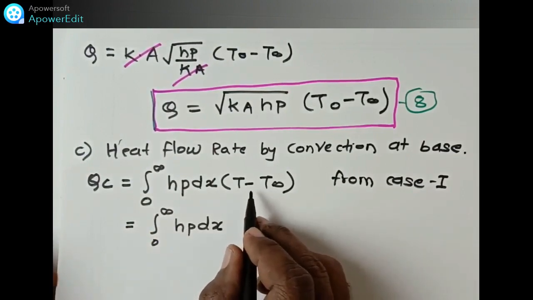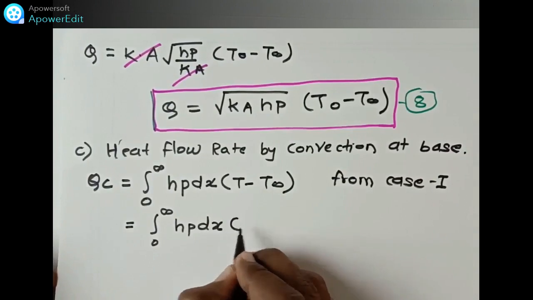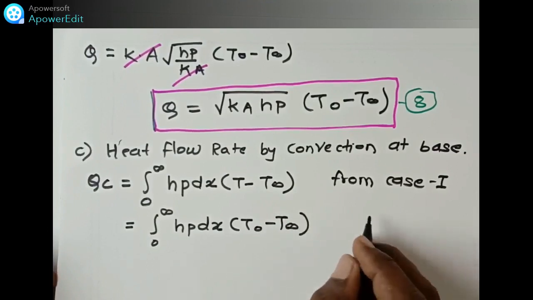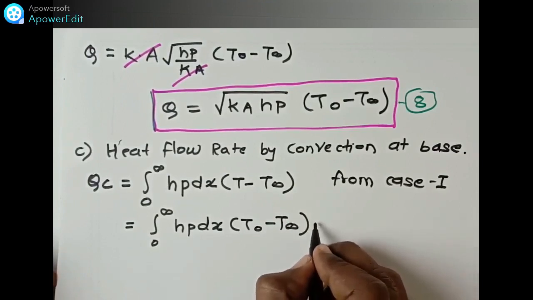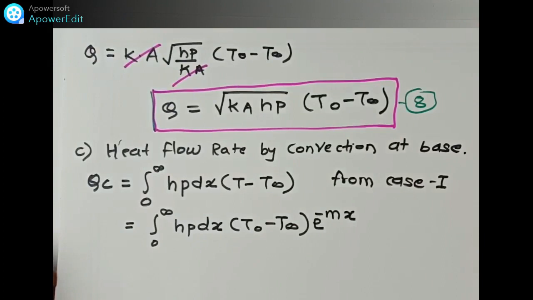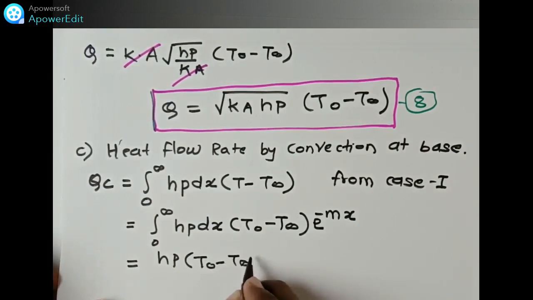Now in this case T minus T infinity, we have taken T equal to T0 in the boundary condition at the base. So this equation will be written in this way: T0 minus T infinity into e raised to minus mx. Next step, here HP T naught, this will come outside of the integration sign.